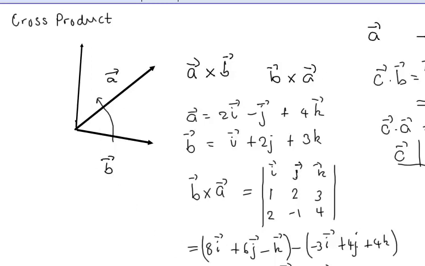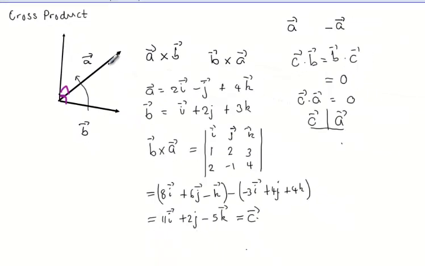Then, in that case, everybody must understand that there's a right angle here between A and C, and there's also another right angle here between B and C. Actually, A and B generate a plane surface, like this, isn't it? So C is perpendicular to the plane generated by A and B.